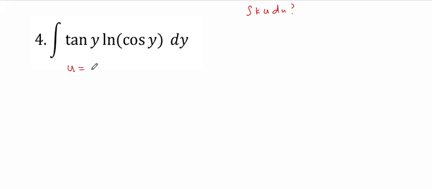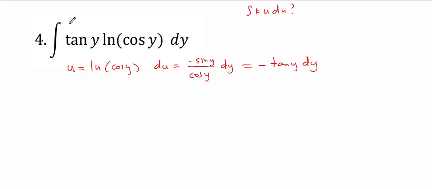We let u be ln of cosine of y. So take note, it is a composition of functions. So our du, what is the derivative of ln? We bring this down, so over cosine of y, and then the derivative of what we brought down. So this would be negative sine y and then dy. But this can be written as negative tangent of y and then dy.